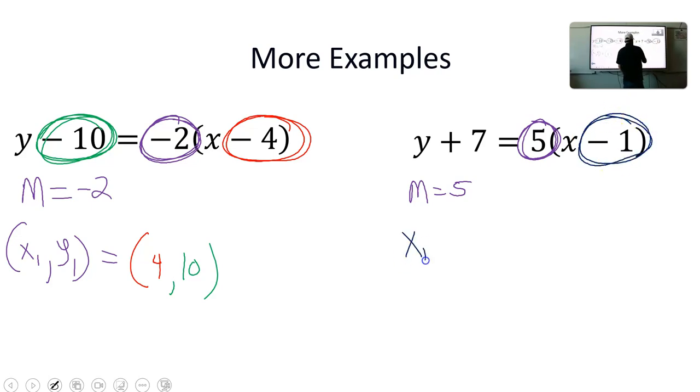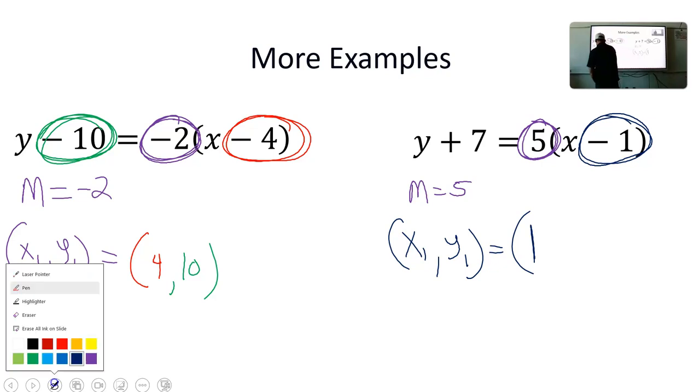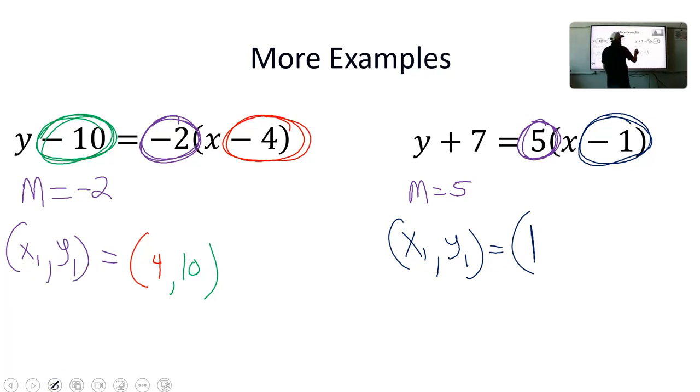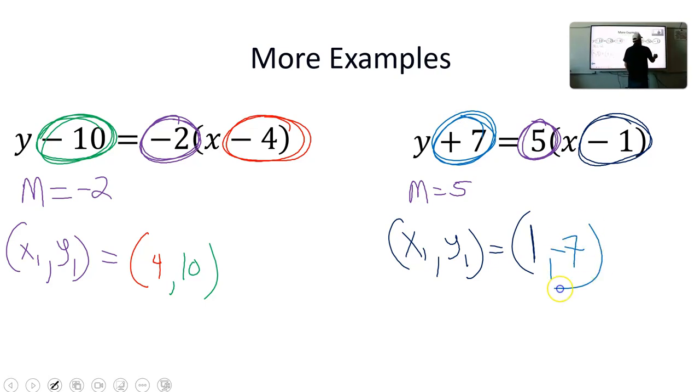So for my coordinate x1, y1, the x is going to be +1. And the y is going to come from right here. What's the opposite of +7? That would be -7. So this linear equation would have a slope of 5, and it's going to run through the point 1, -7.